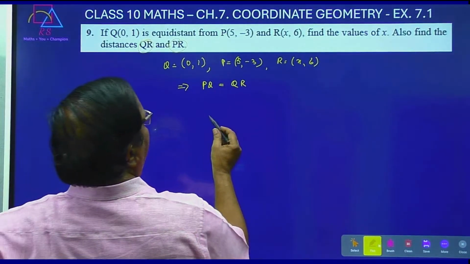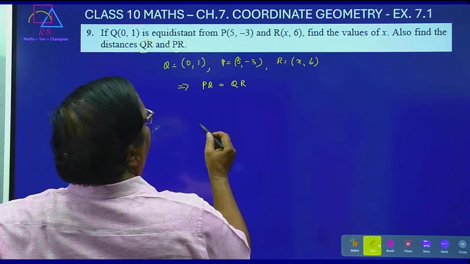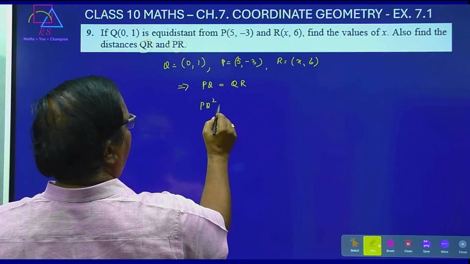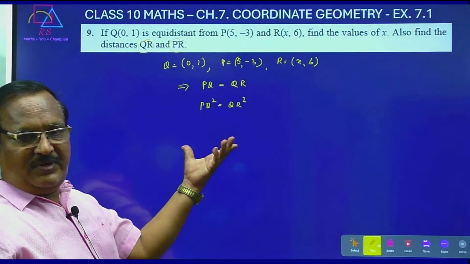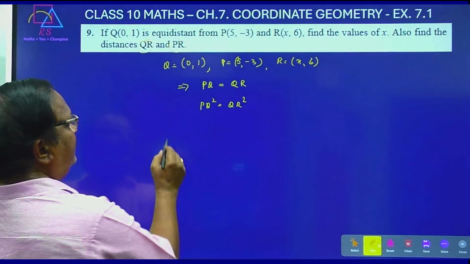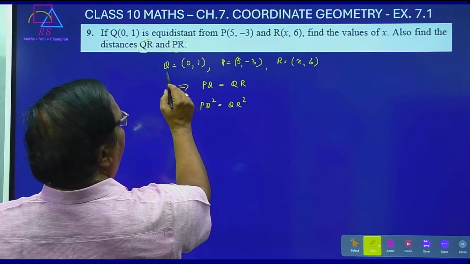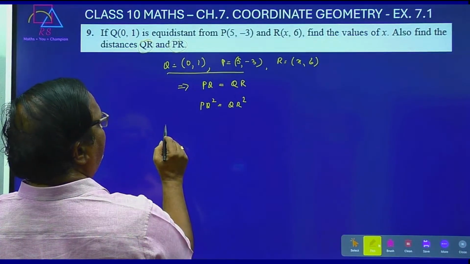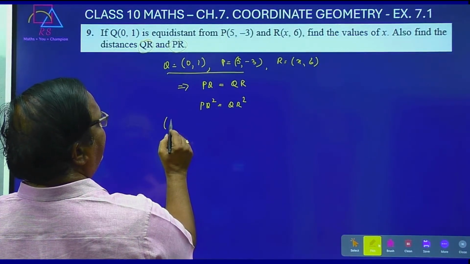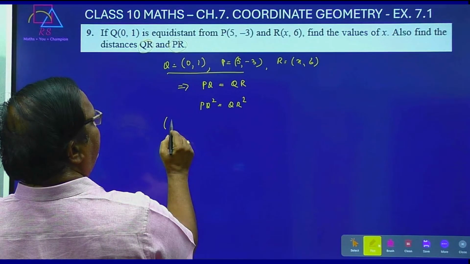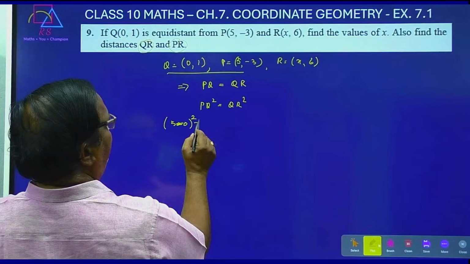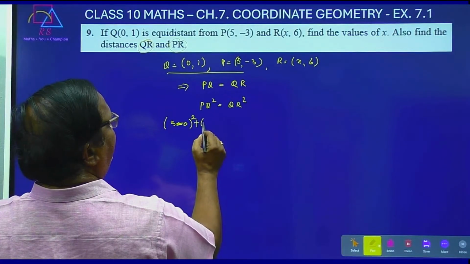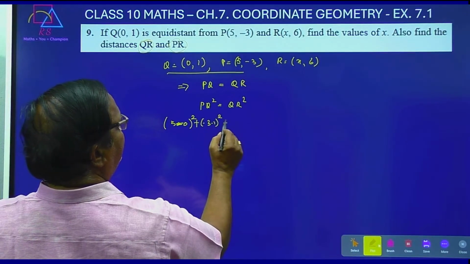Okay, so now let us start work. PQ square is equal to, I am squaring it on both sides, so no need to write the square root in the formula. So P and Q, I am taking these two: 5 minus 0 whole square and minus 3 minus 1 whole square.